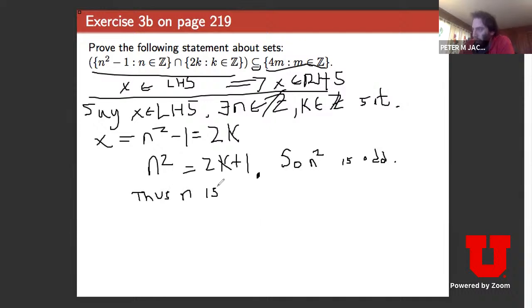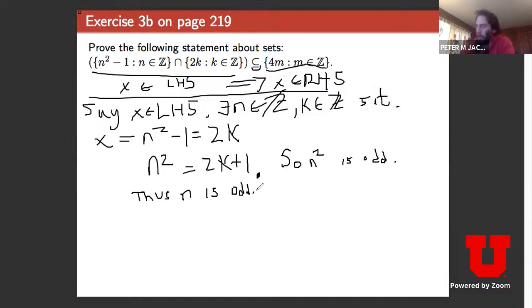And so Ethan was thinking about showing that n squared was odd and subsequently that n is odd. But if you're doing this proof, you might not initially see why we would want to show that n is odd.